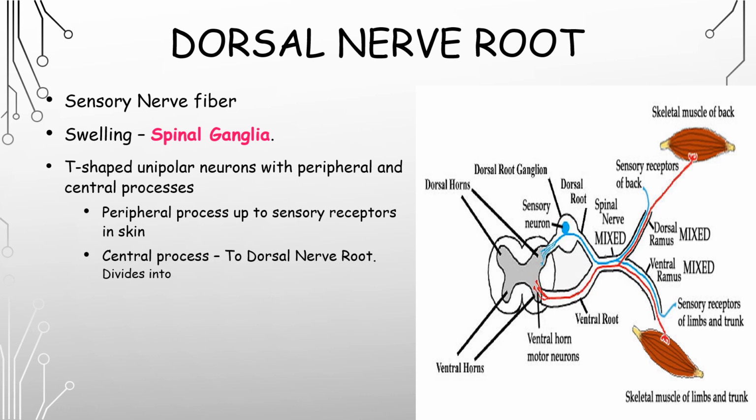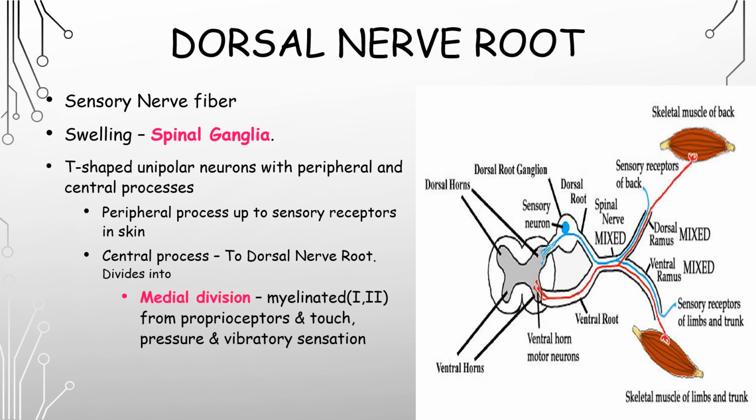And then the central processes constitute the dorsal nerve root, which is attached to the spinal cord through various rootlets. Each of these rootlets, just before entering the spinal cord, further divides into medial and lateral divisions. The medial division consists of myelinated group 1 and group 2 fibers and proprioceptive fibers from the muscles, and other sensory fibers like touch, pressure and vibratory sensation.